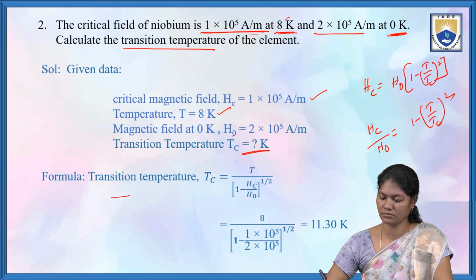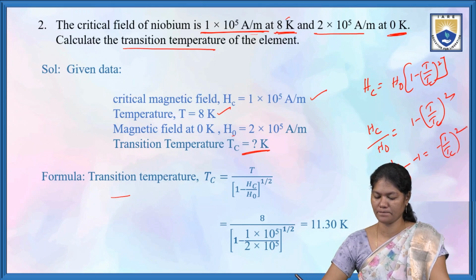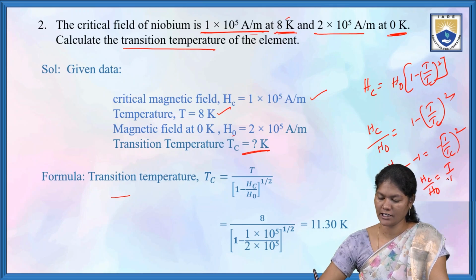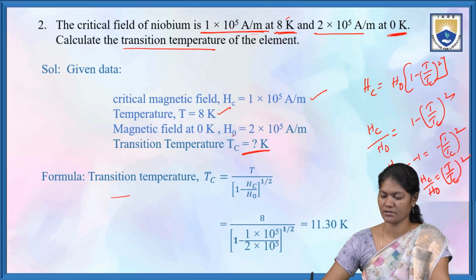So 1 minus Hc by H naught is equal to (T by Tc) square.